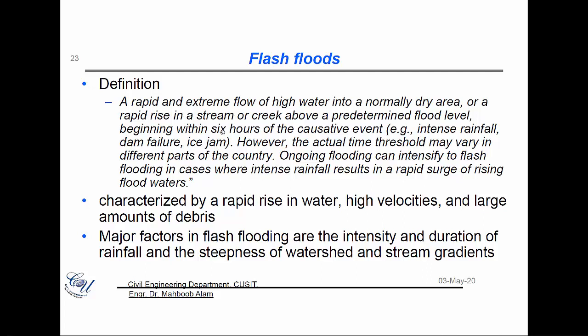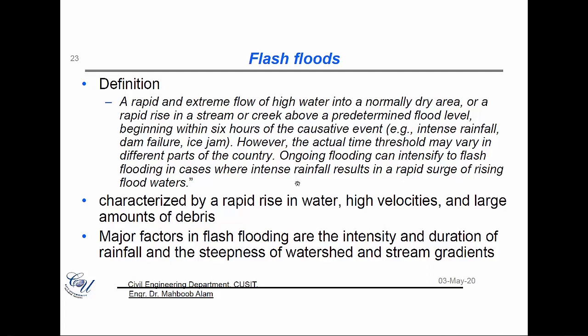But this obviously you can tie to the location. I mean, 6 hours in certain areas would be too much. Maybe within a couple of hours we can expect that there is a flood coming if there is a certain causative event.